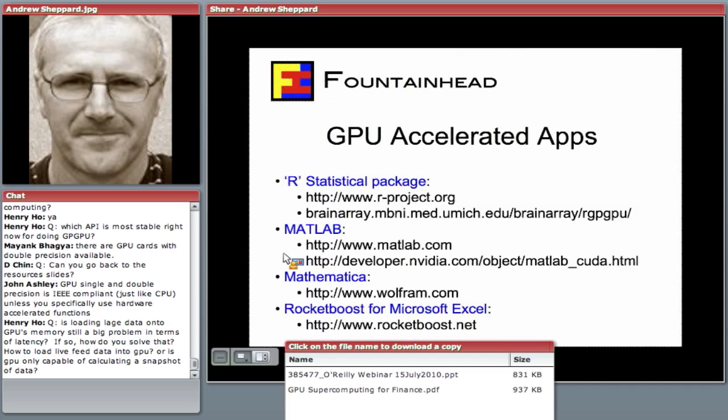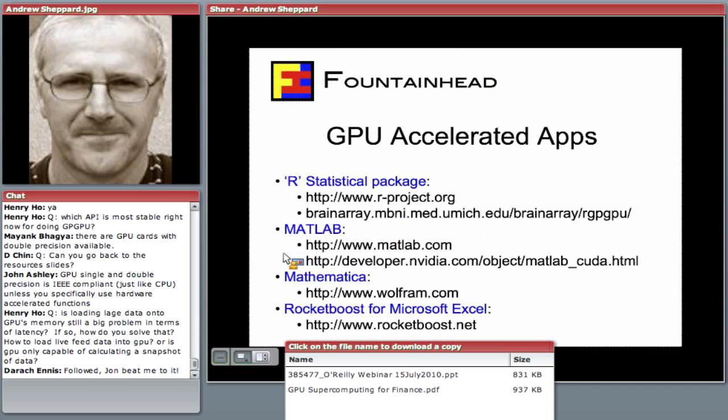Rocket Boost is a simple piece of software that allows you to very easily call GPU supercompute functions from within cells in Excel, and they look and behave like intrinsic Excel functions. It's still in beta development, but if you like the familiarity and power of Excel and want to tap into GPU supercompute resources, it's something to look at.